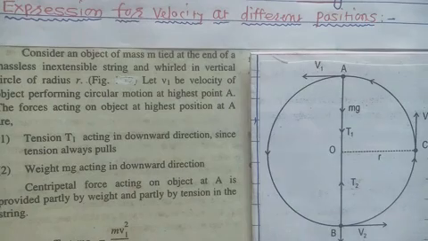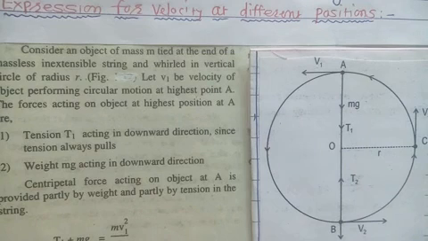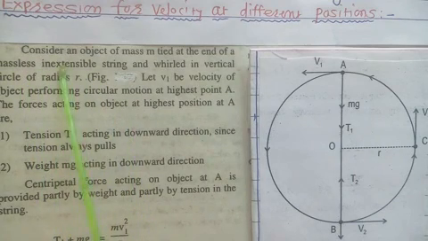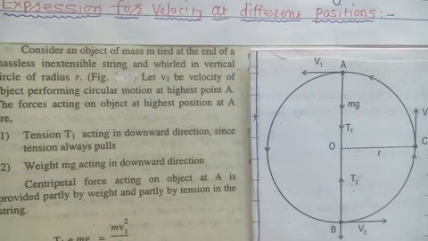Let us consider a mass m which is tied to the end of a massless inextensible string, and it is whirled, which means it is revolved, in a vertical circle of radius r as shown in this figure. The length of the string is r and it is revolved in anti-clockwise direction.